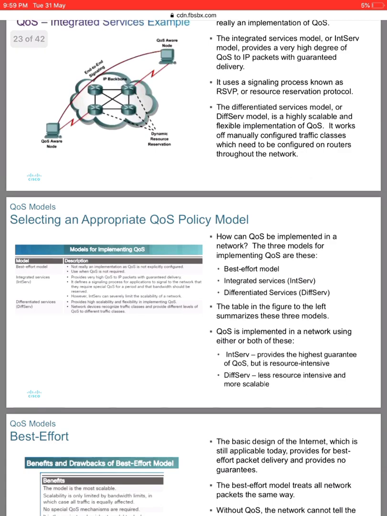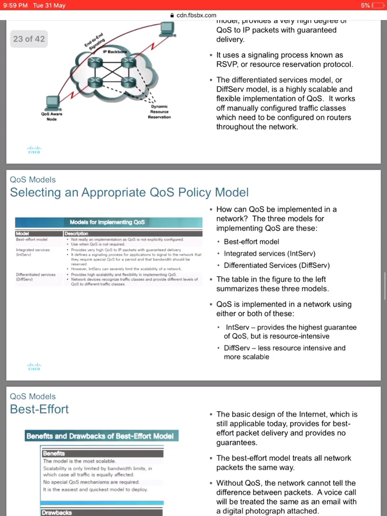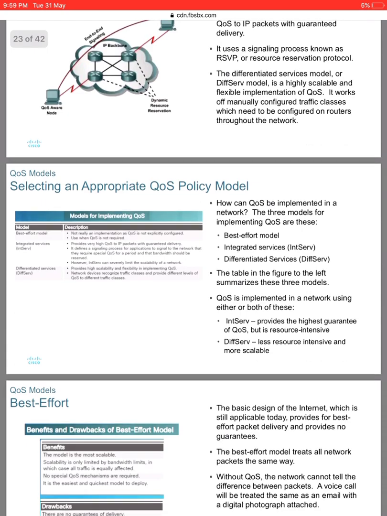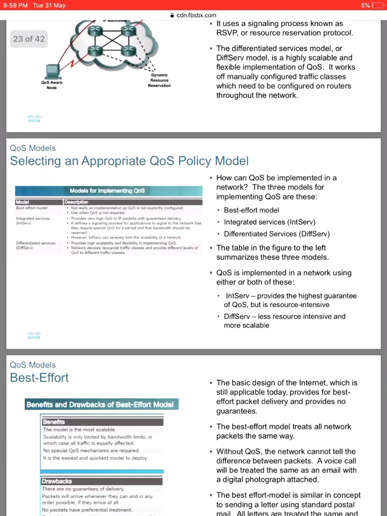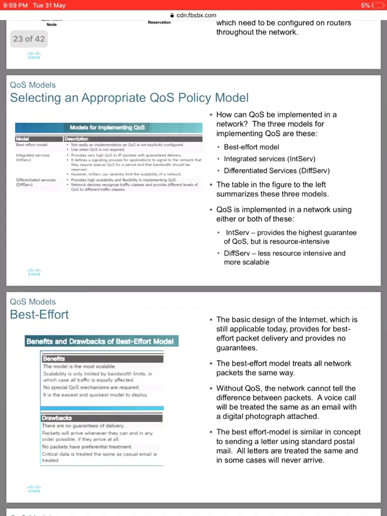It uses a signaling process known as RSVP, or Resource Reservation Protocol. The differentiated services model, or DiffServ model, is a highly scalable and flexible implementation of QoS. It works off manually configured traffic classes which need to be configured on routers throughout the network.